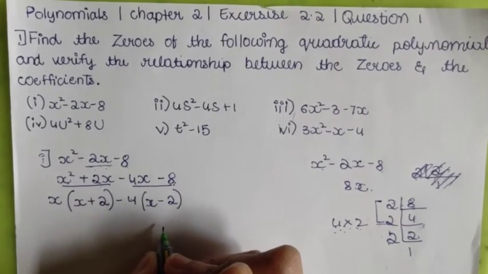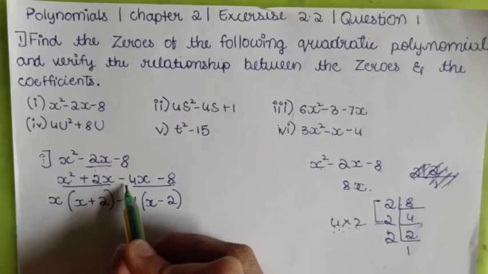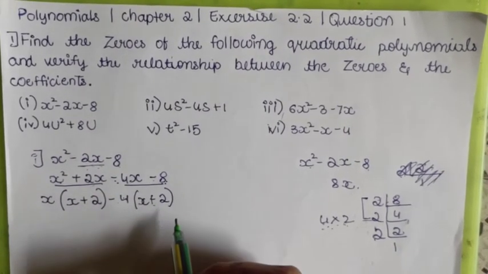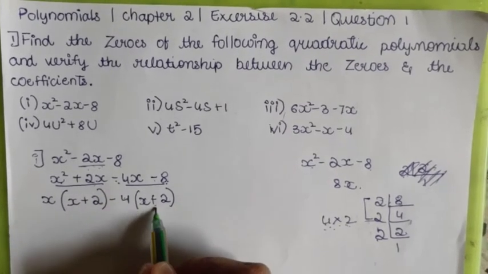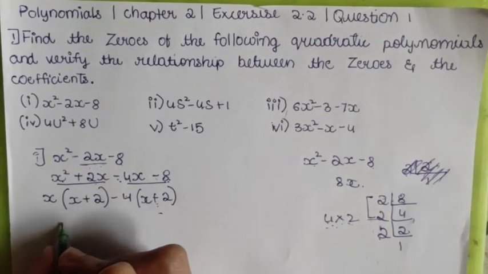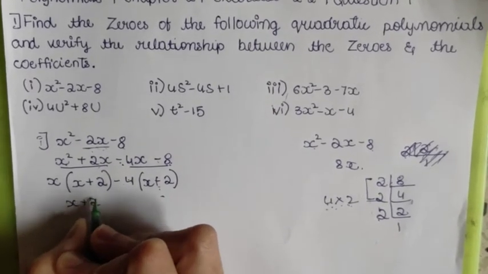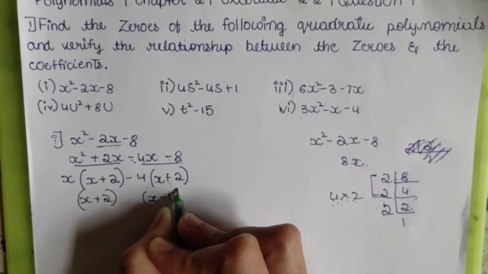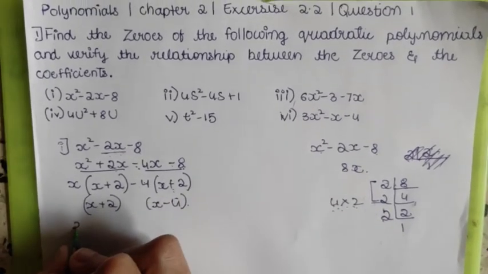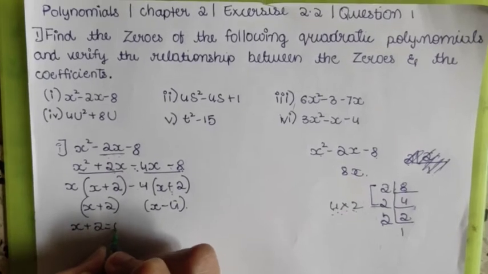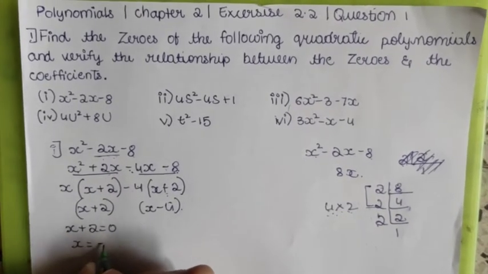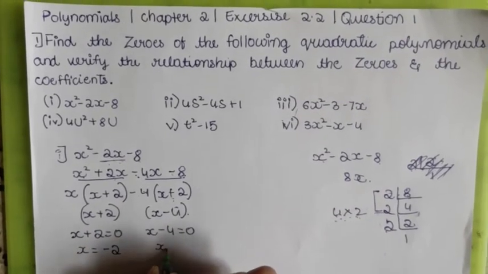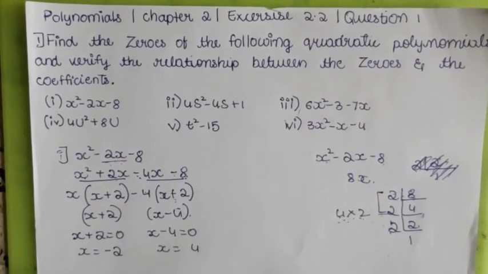Here minus minus is plus, so this minus will become plus. Next, the factors we get are x plus 2 and x minus 4. So x plus 2 is equal to 0, that becomes our first zero, minus 2, and x minus 4 is equal to 0, then 4 is our second zero.